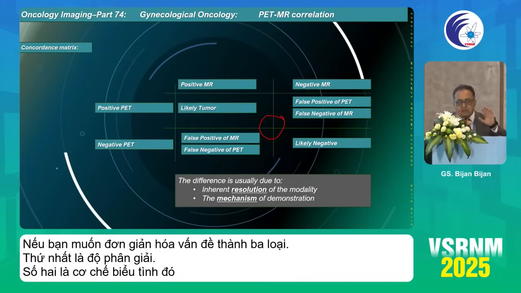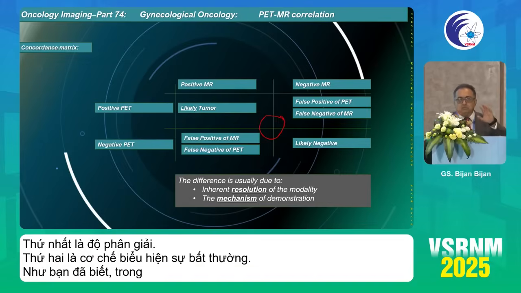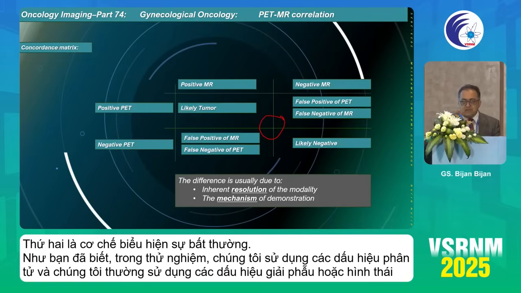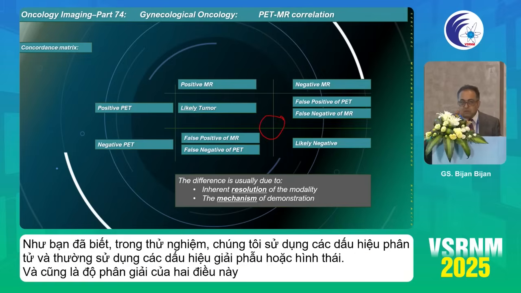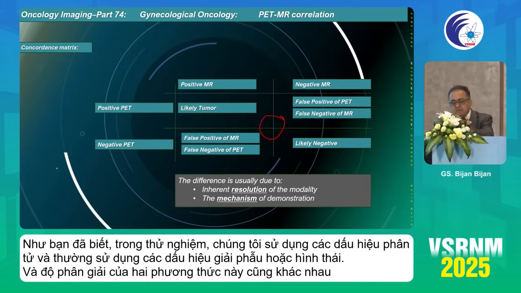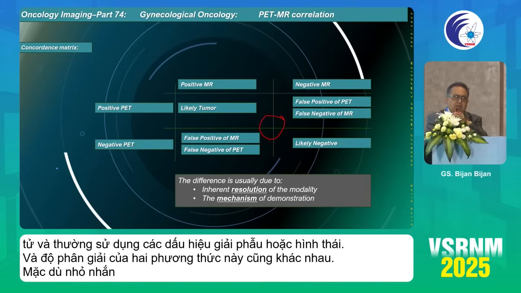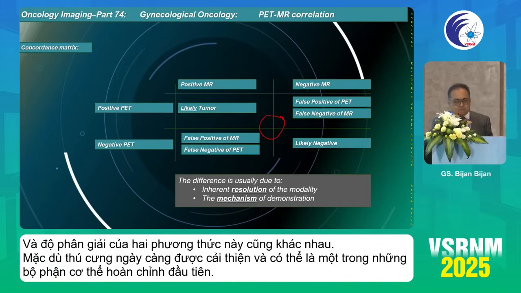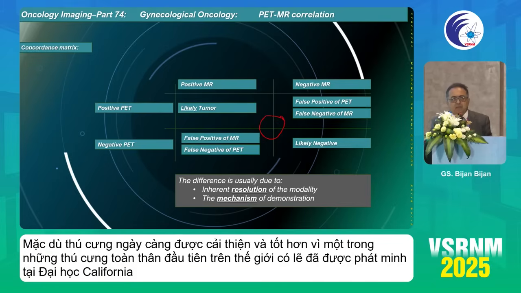As you know, in PET we use molecular markers, and in MR we usually use anatomical or morphological markers. The resolution of these two modalities is also different. Although PET is getting better and better, one of probably the first whole body PET scanners in the world was invented at University of California, Davis, and the resolution is actually very, very good.